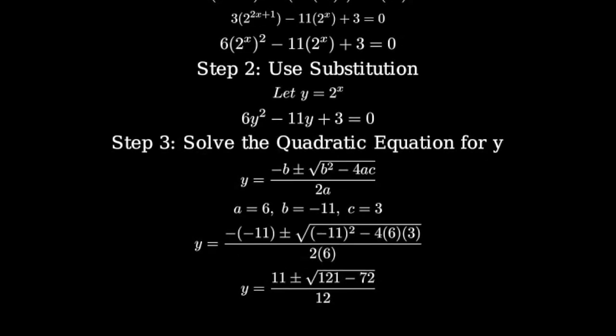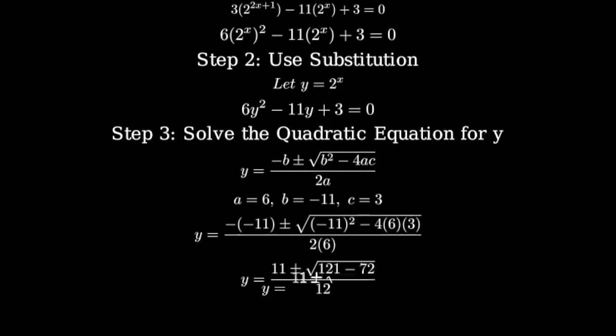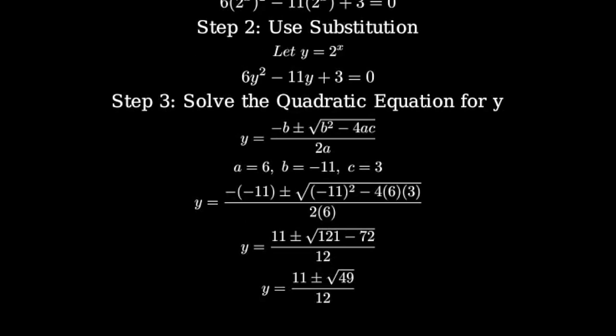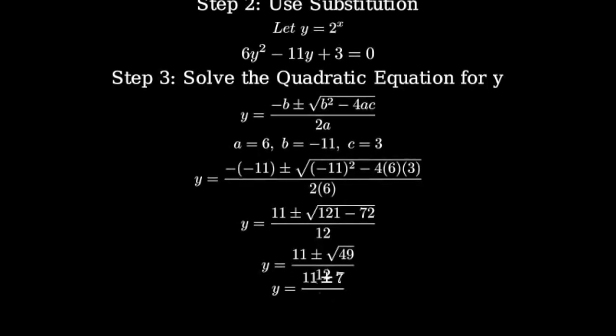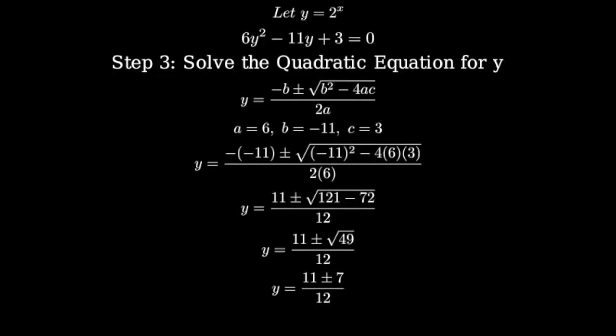Further simplification gives y equals 11 plus or minus the square root of 49, all divided by 12. Since the square root of 49 is 7, we have y equals 11 plus or minus 7, all divided by 12. This gives us two possible values for y.